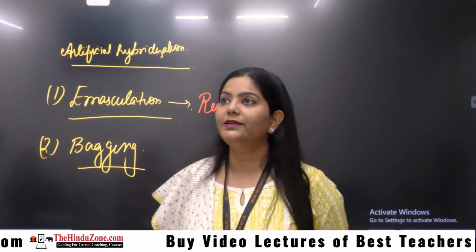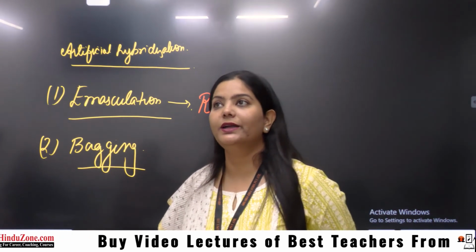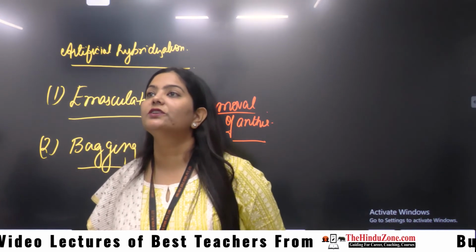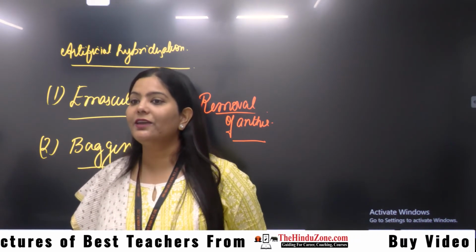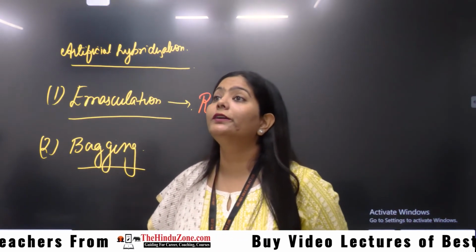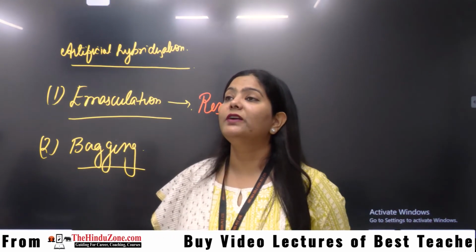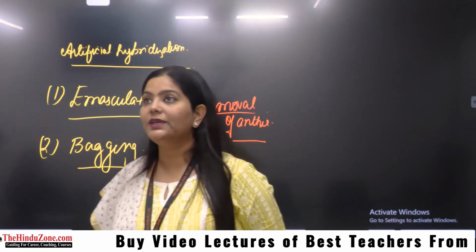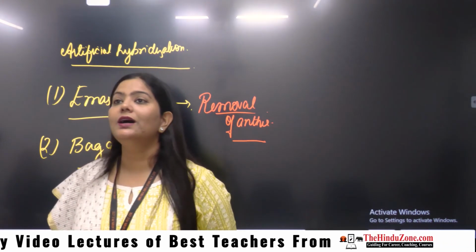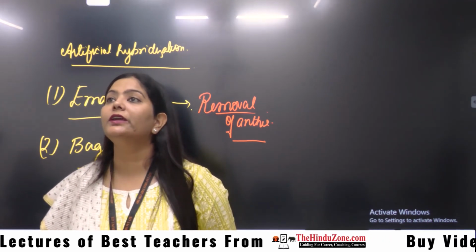So you can divide this into two categories, abiotic and biotic. Of course, abiotic are the agencies which do not have life. So wind pollination and water pollination. Wind pollination means anemophily and water pollination means hydrophily. They are the abiotic pollination.